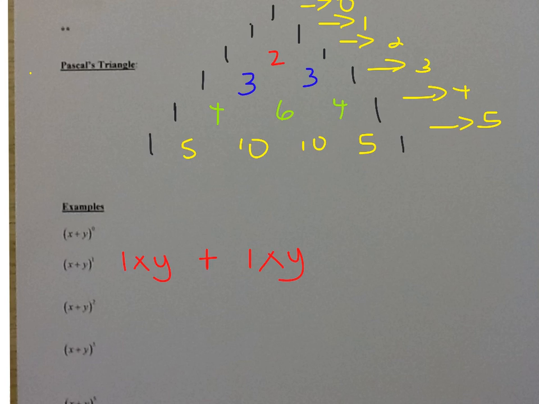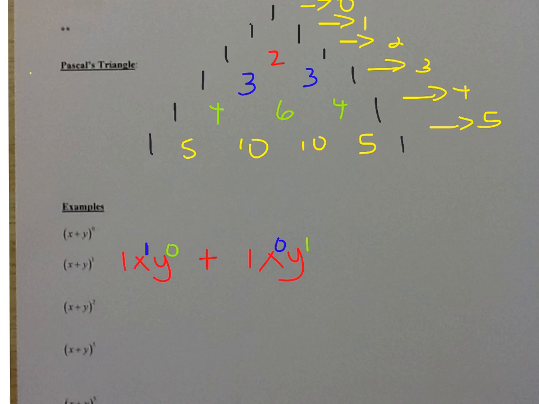Your x is going to start with this exponent, and your y will start with 0. So it's going to be x to the first power, y to the 0 power. And then for the next term, your x will go down, your y will go up. So it'll be now x to the 0, y to the first.